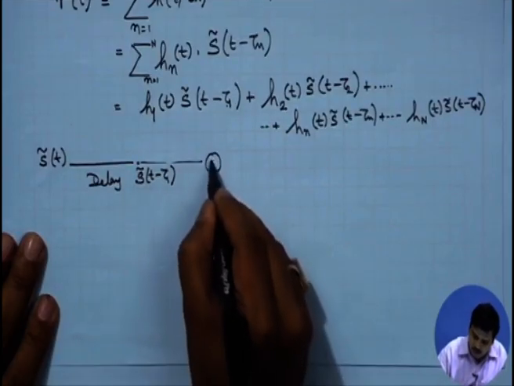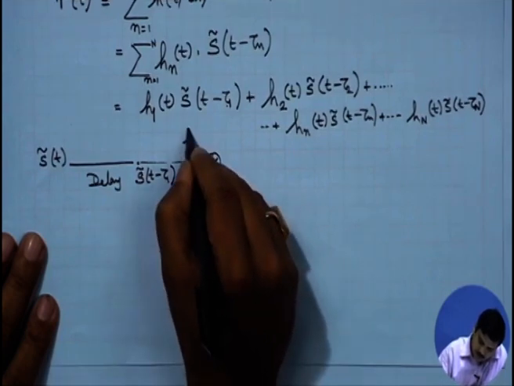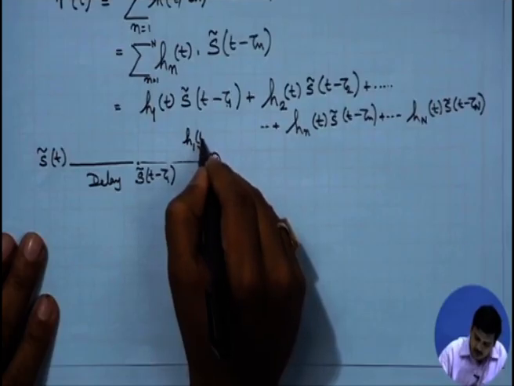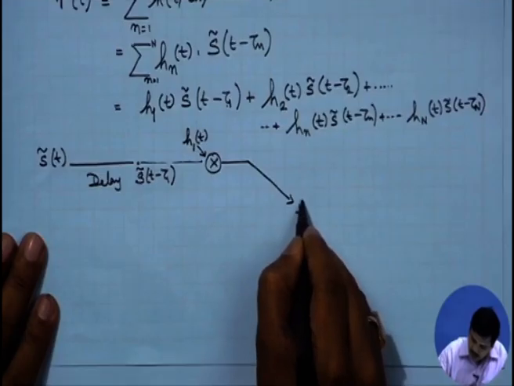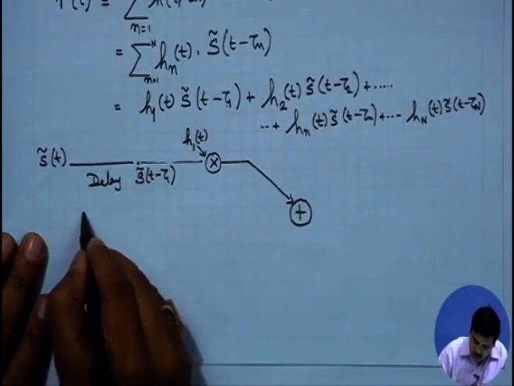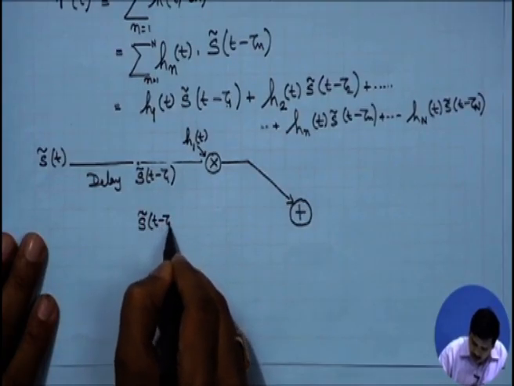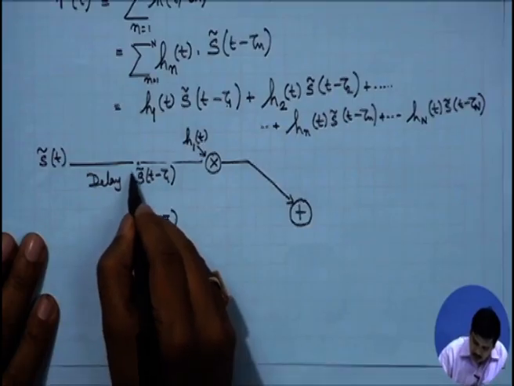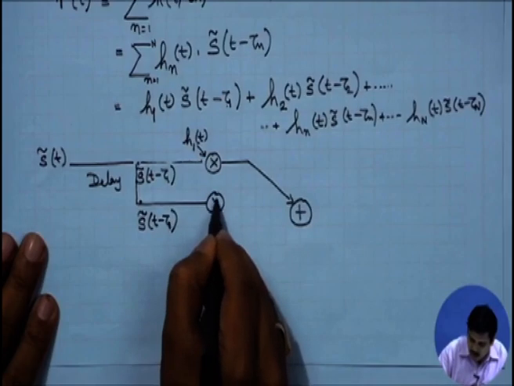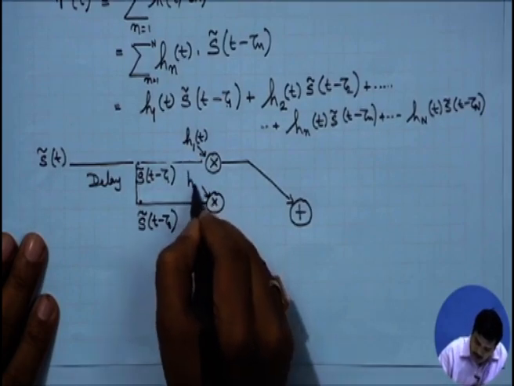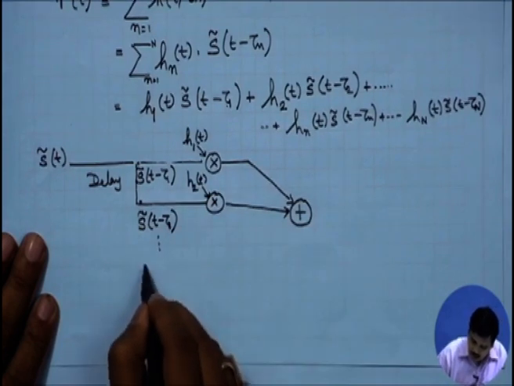This is getting multiplied by the coefficient h 1 of t, and then the signal goes out. It gets added to s tilde(t minus tau 2). That means this is delayed further on another path. There is multiplication by a gain h 2 of t, which gets added to that, and so on.